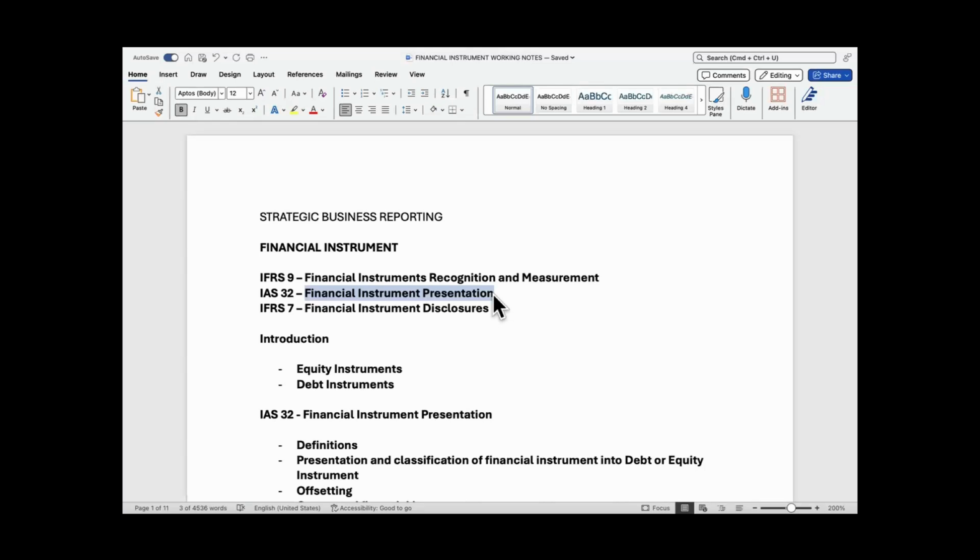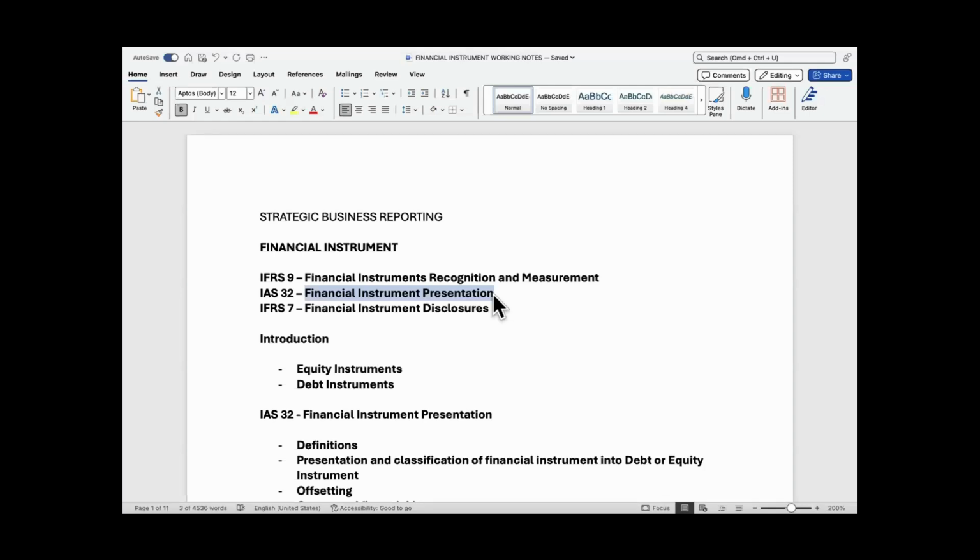But immediately the directors retire, or after their tenure, the shares will be bought back from the directors. The company will buy the shares back from them.